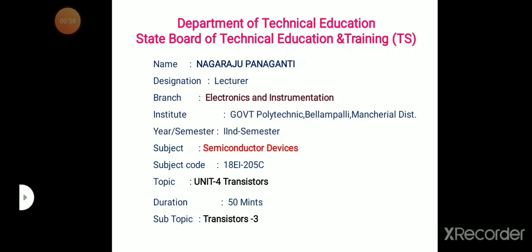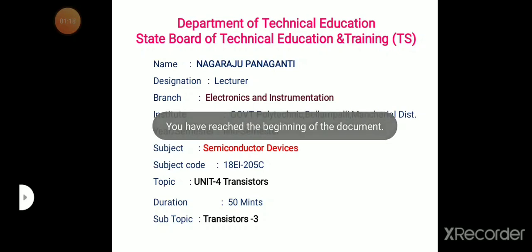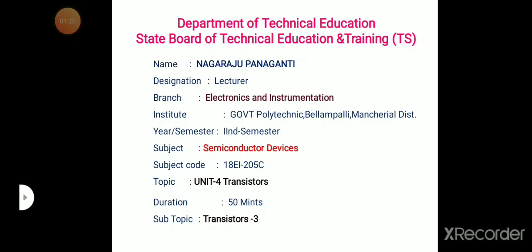Generally the characteristics of the configurations are of three types: input characteristics, output characteristics, and current transfer characteristics. We discussed the input and output characteristics of the common base configuration. Now we try to discuss the characteristics of the other configurations.